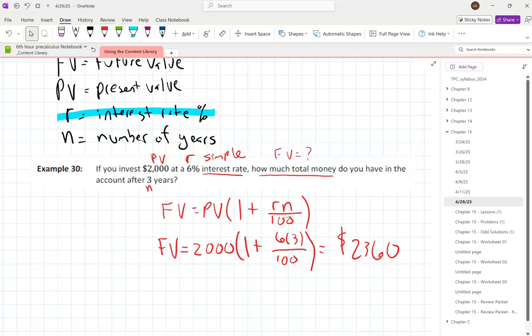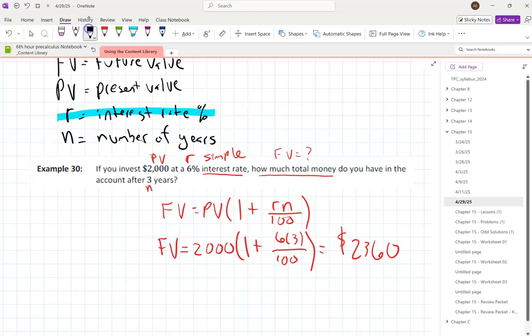Now what's going on in a simple interest situation is the interest is only being paid on the initial investment. So you're getting 6% interest on that $2,000 in year one, 6% interest on that $2,000 in year two, and so on and so forth. You're only getting paid on the initial investment.